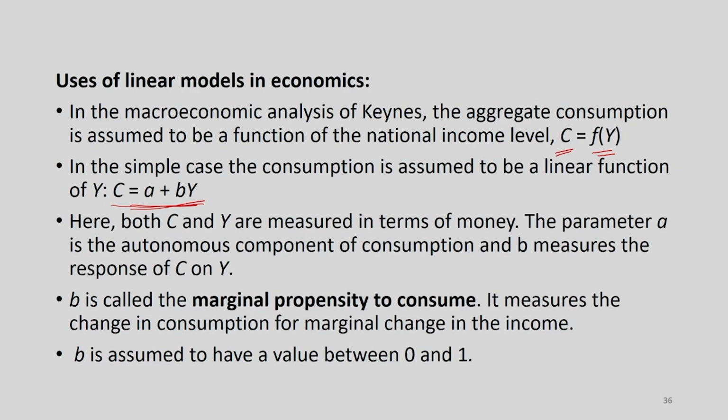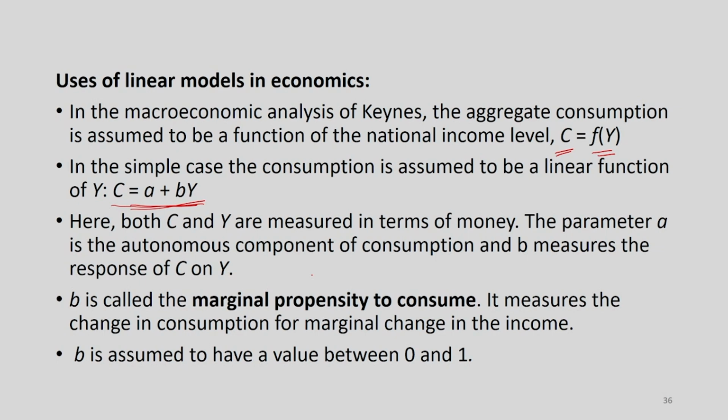Here the independent variable is Y. So, A is what is called the Y intercept, and B is the slope, and if it is non-zero, then as Y changes, capital C will keep on changing. So, therefore, we see that B measures the response of C on Y. Y is changing, therefore, capital C will be affected. B is measuring that response of C on Y.